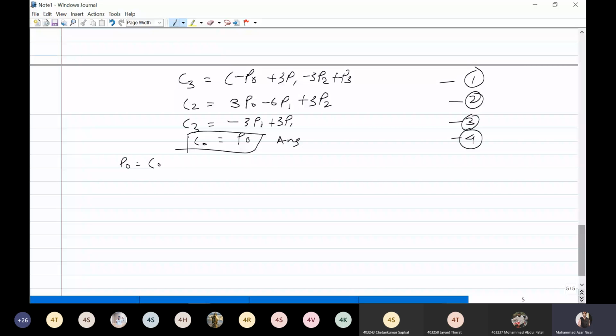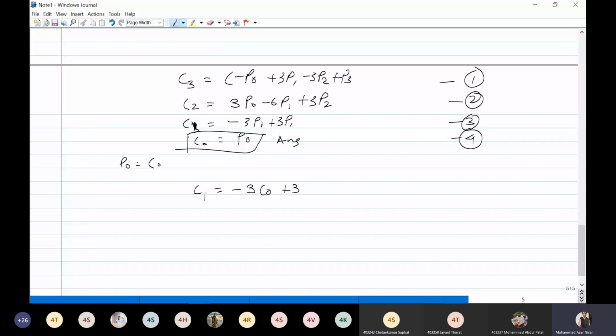We will get C1 equal to minus 3 times, instead of P0, I will write C0, plus 3P1.